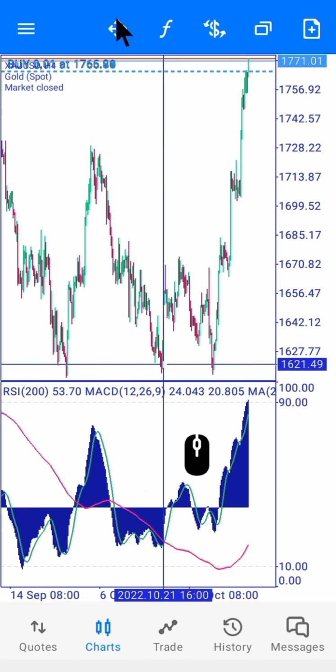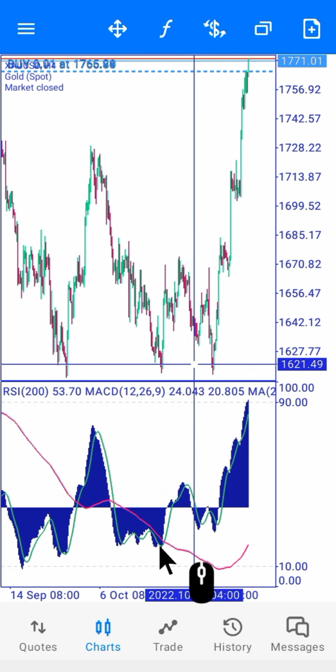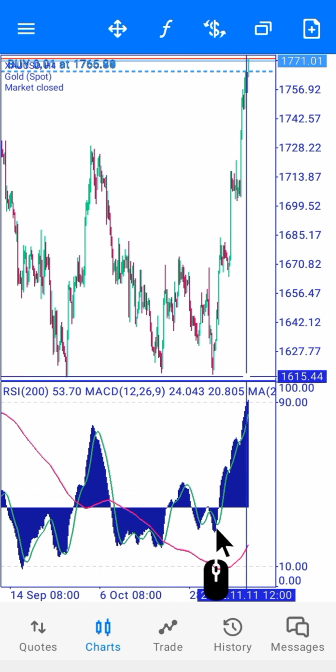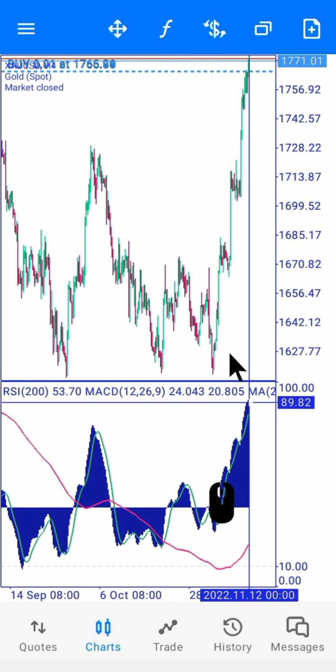So it is this point here. Let me show you. This is the point here. Look at the cursor. Then when you come back, this point is here on top.